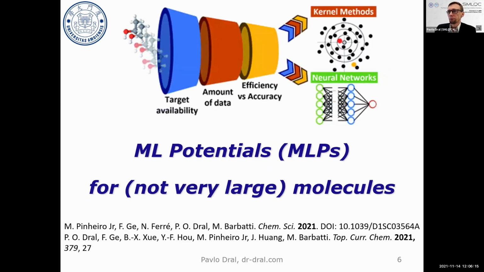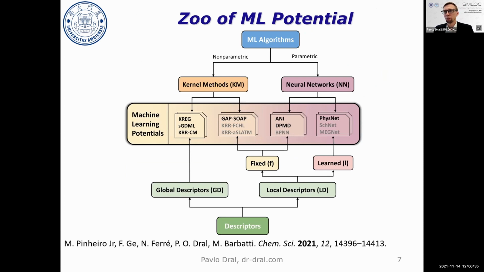Now, everyone knows that machine learning potentials are one of the broadest fields of application and the most intensive field. And there are many of them. I'm not going to cover all of them, but I want to just discuss some general topics which we should take into account when we try to use or develop our own potentials.